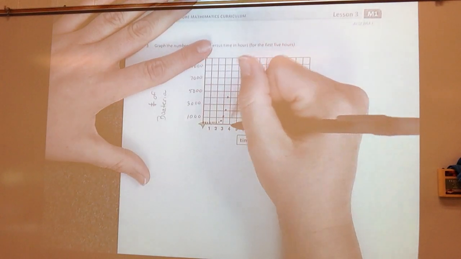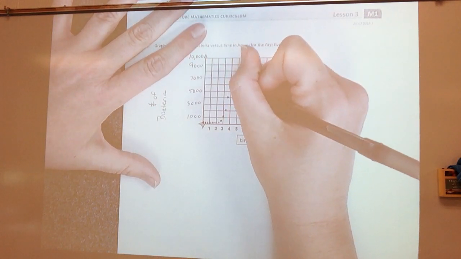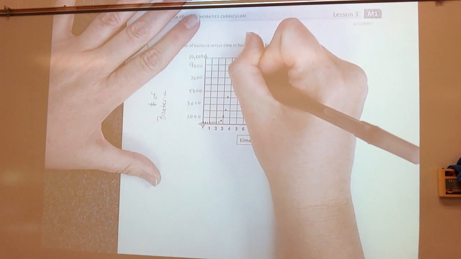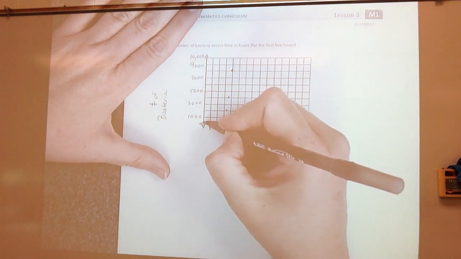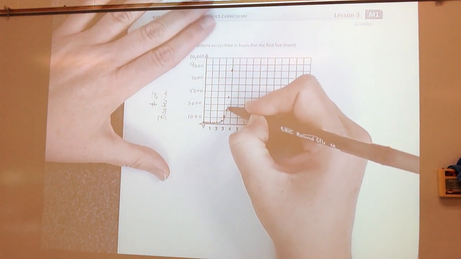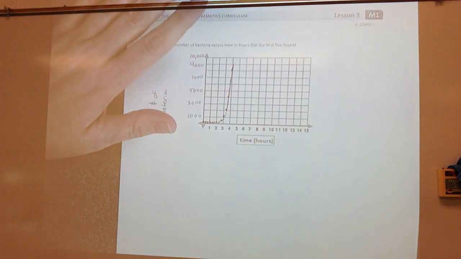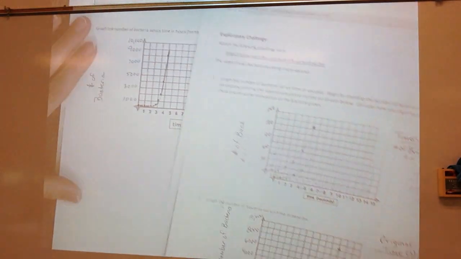And then at hour number 4, I got 8,192. Look at your graph. It is very, very similar to every graph that we have done with this data.